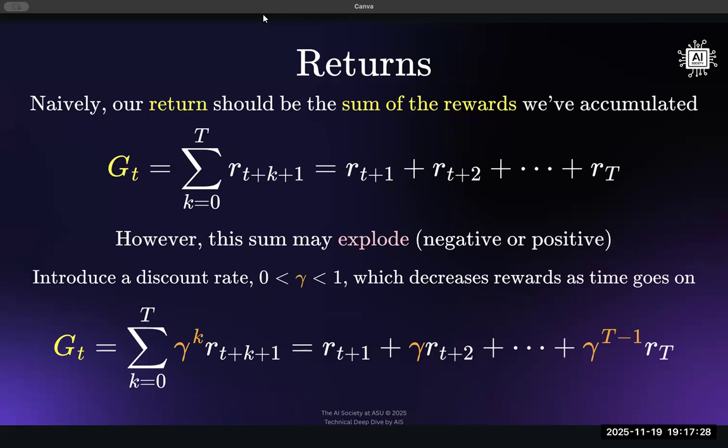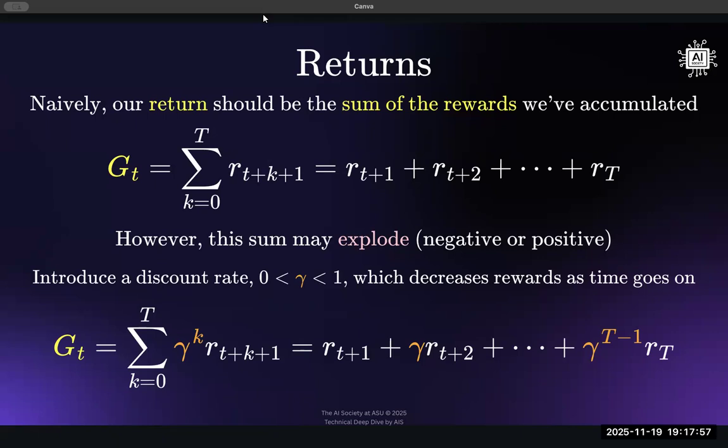But one important thing to note is that in the real world, perhaps $10 today will not be the same as $10 in 5 years. Also, we don't want the agent to go on forever. We want it to converge to some optimal goal as fast as possible. We don't want it to take its time. Well, we do, but we also don't want it to go on forever and perhaps not learn anything in the process.